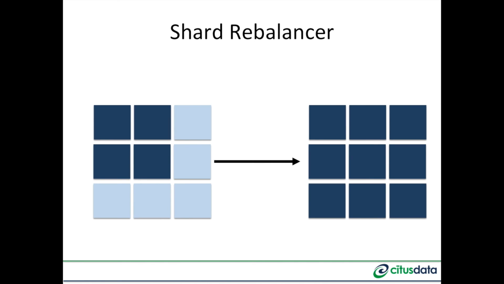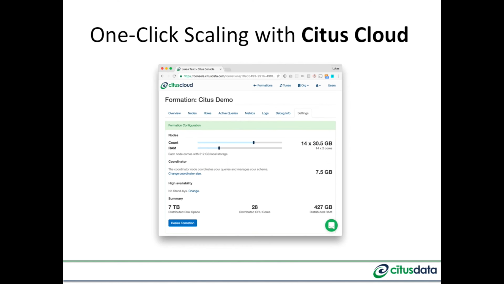And then when you want to go from these 4 nodes to actually distributing your data across all the 9 nodes, we have something called the shard rebalancer, which is available in Citus Cloud and Citus Enterprise, which moves the data from your existing nodes to the new node so that it's evenly distributed, and does it so that everything is online still, so you don't have to take any downtime to do this. You can just have it do its work, and in the end have a 9-node cluster with all the data being available on it.